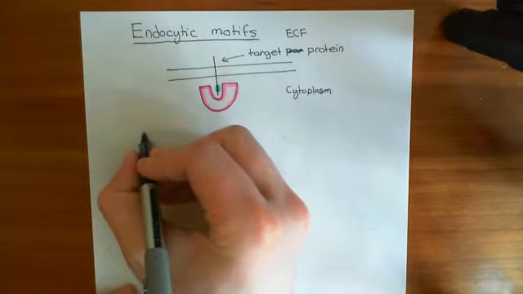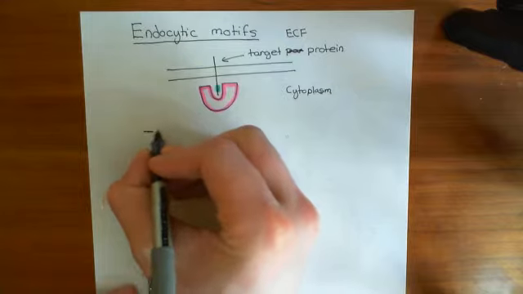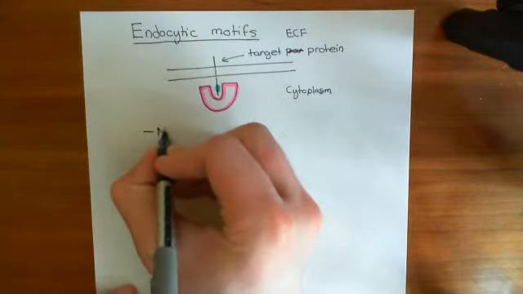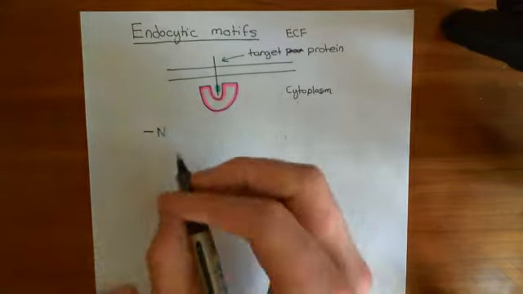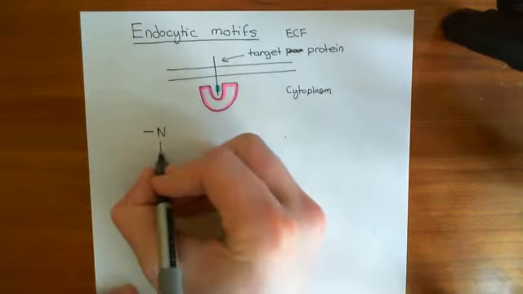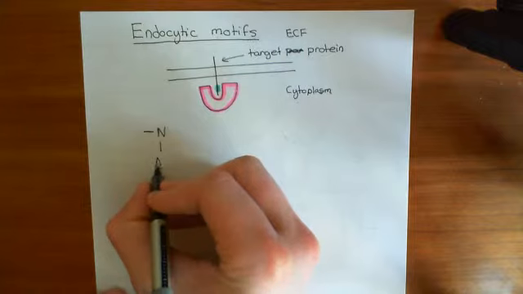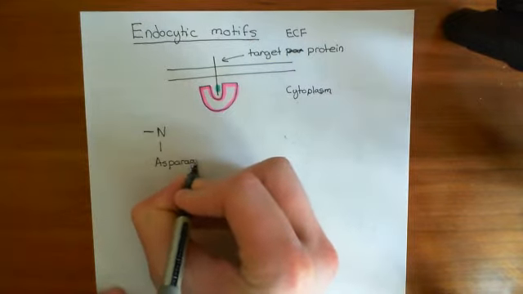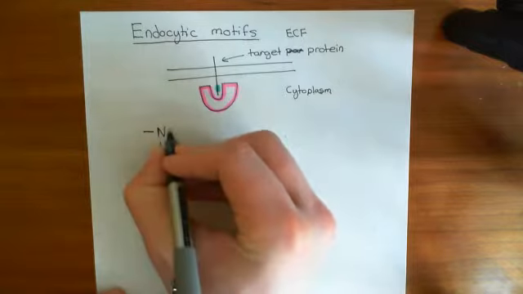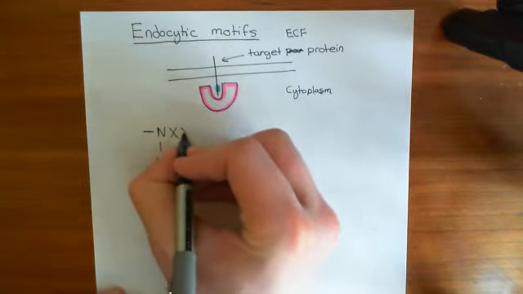One of them is as follows. You have an N, and I'm using the single letter amino acid code at the moment. N stands for the amino acid asparagine, and I'll show you the structure of asparagine in a moment. Then you can have XX.